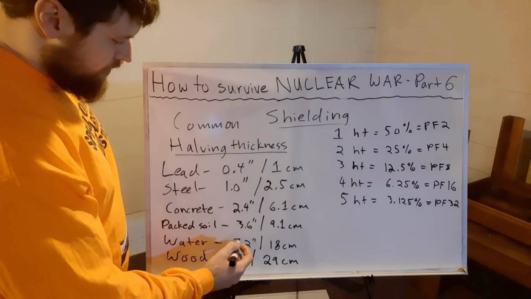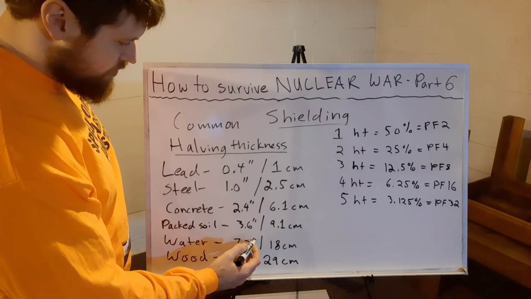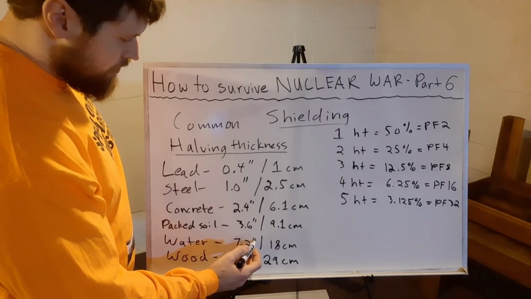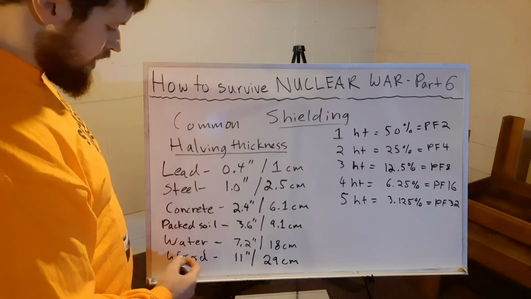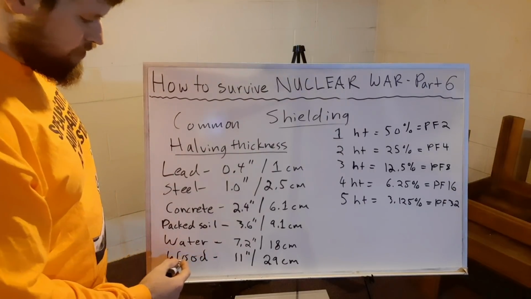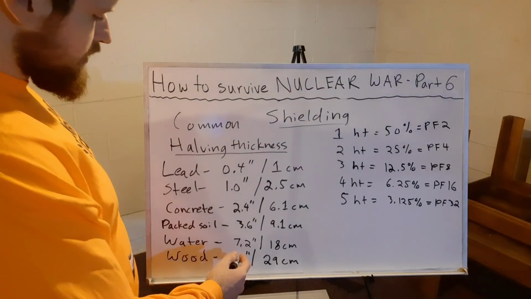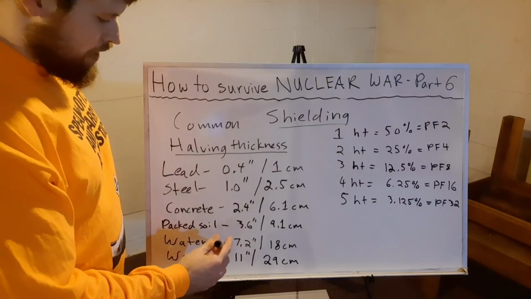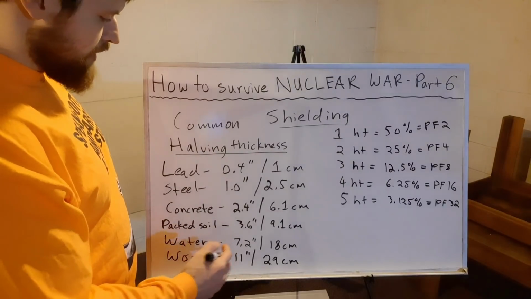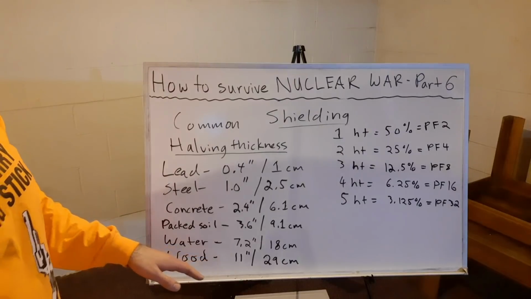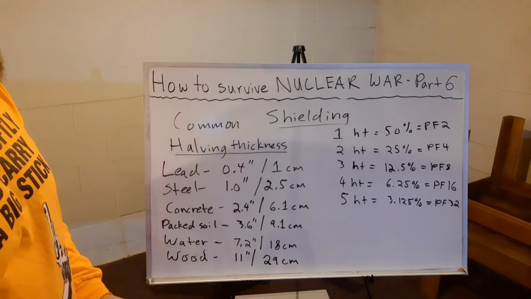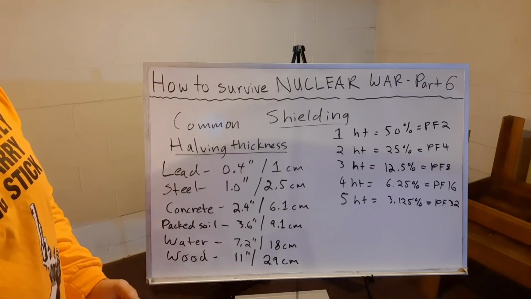So for water, you need 7.2 inches of water to reduce the radiation by 50% or 18 centimeters. And wood, believe it or not, wood is also a good material. 11 inches of wood can reduce the radiation by 50% or 29 centimeters. So you can actually use things like lumber or firewood or landscaping timbers.